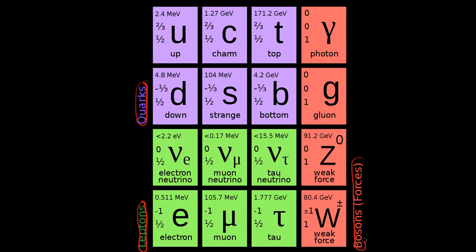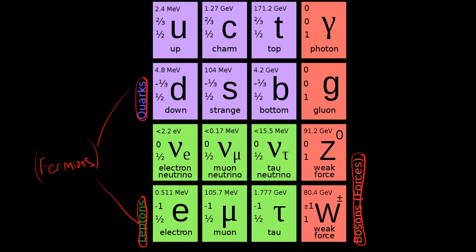Now, quarks and leptons are actually part of a classification known as fermions. And fermions obey Fermi-Dirac statistics, as compared to bosons, which obey Bose-Einstein statistics. But you don't need to know that for now.